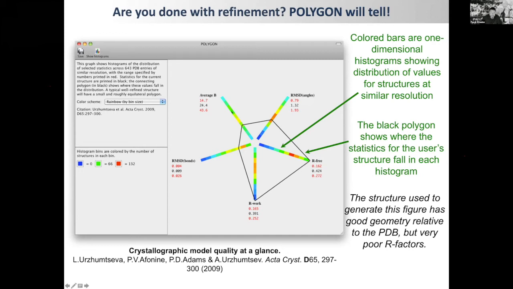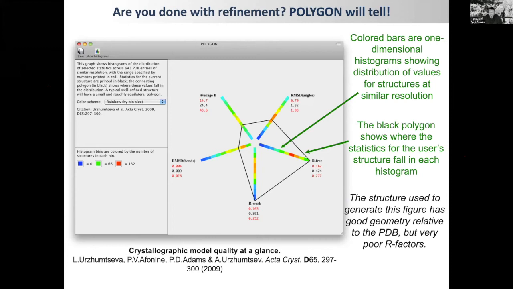So if your dots are approximately in the middle, that means you're very, very similar to all other structures in the protein database, which is good. That means you don't have any pathologies, anything outstanding.